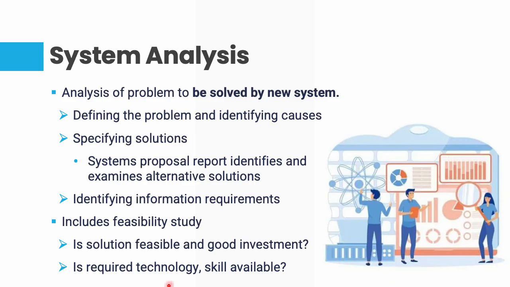And finally, we have to put all of this research into a system proposal report. This report will explain the problem, look at different solutions, and recommend the best one. So it's like a doctor writing a report, suggesting a treatment for the patient, kind of.